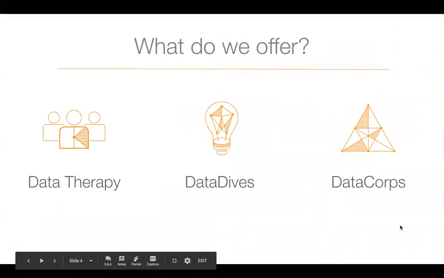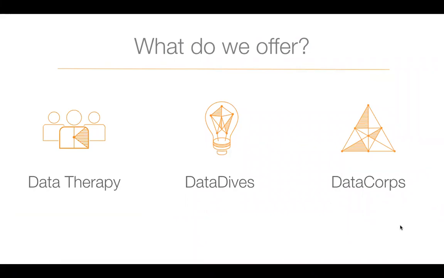More about DataKind. DataKind is a charity that helps other charities use and harness the power of data science. They do that through three main types of events. The first is a data therapy course.